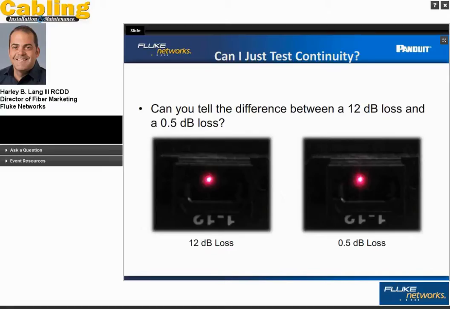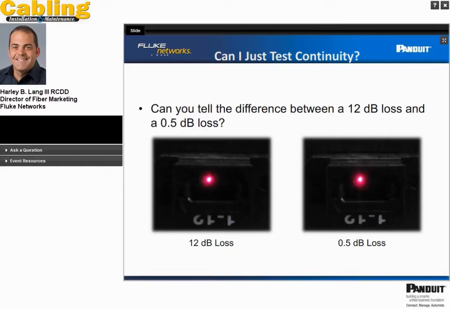Things have changed, though, and actually measuring the loss and certifying the loss, comparing it to a standard, is important. The limitation of a visual fault locator, like this slide indicates, is that it can determine continuity and help solve some polarity issues, but it cannot determine the difference in power that you would be able to detect with a power meter light source.